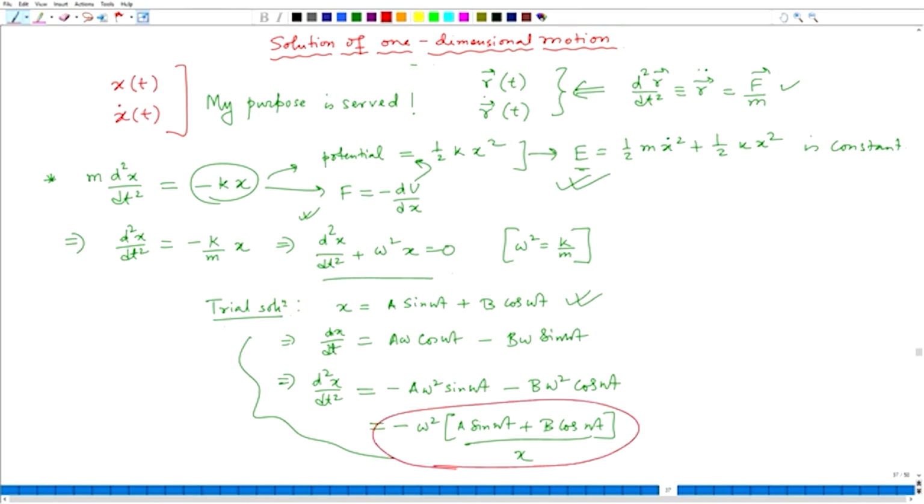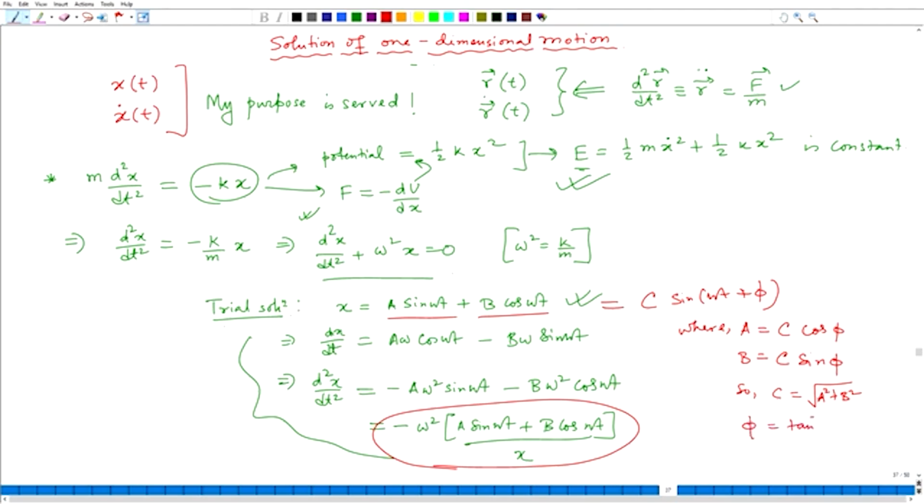But now maybe you cannot easily understand the form, because if I tell you that a sin omega t plus b cos omega t is equal to some c times sin of omega t plus phi, where a I can define as c times cos phi and b I can define as c times sin phi, then of course c is nothing but root of a square plus b square, and phi is nothing but tan inverse of b by a.